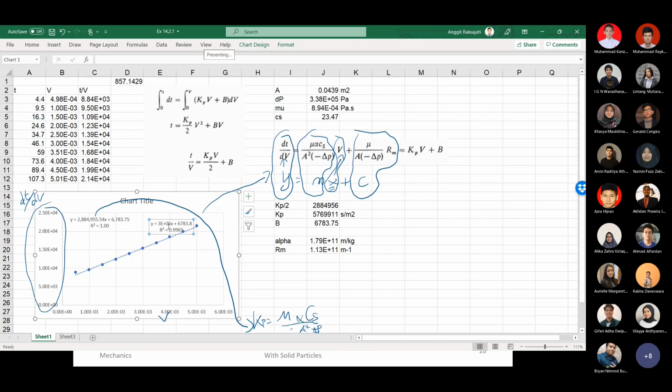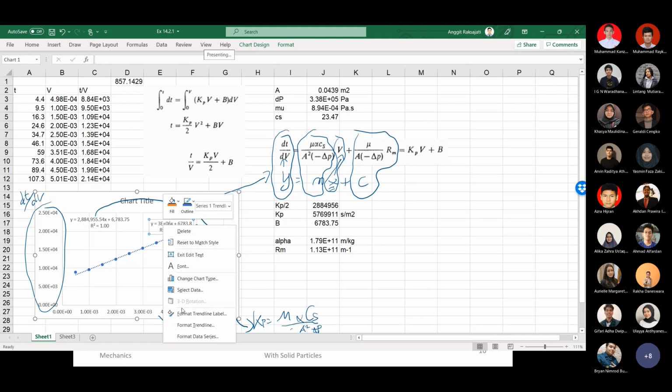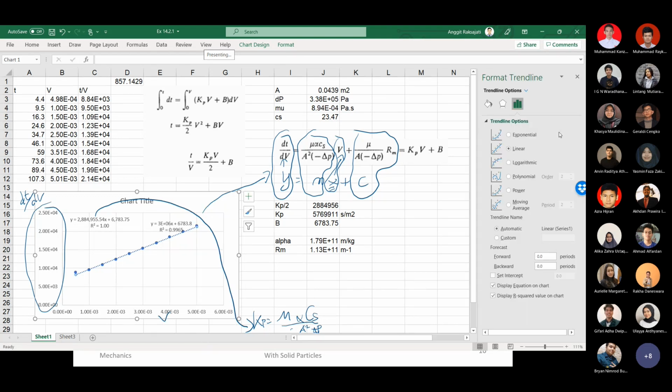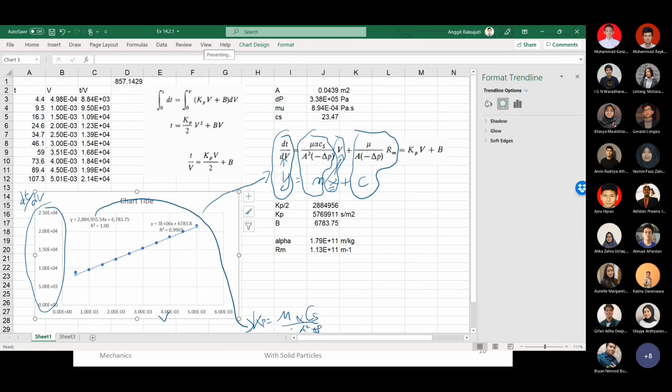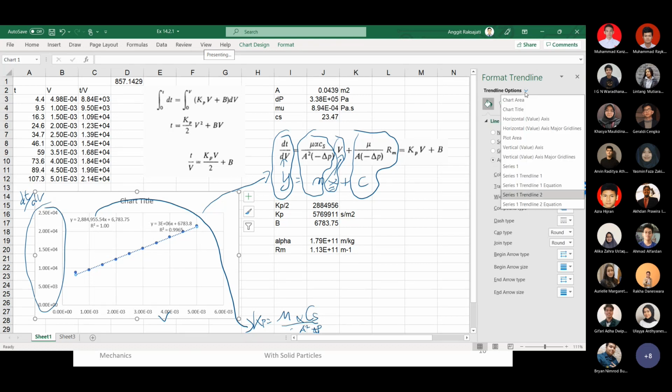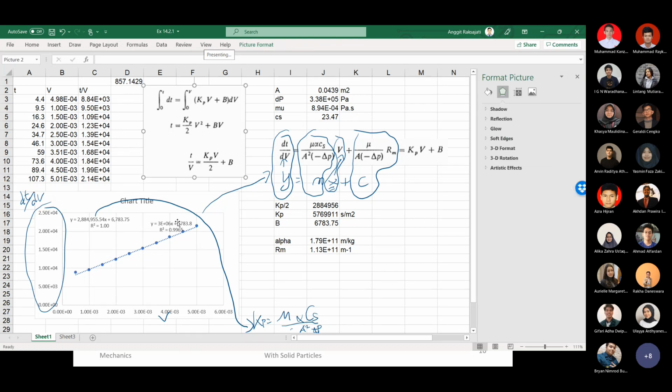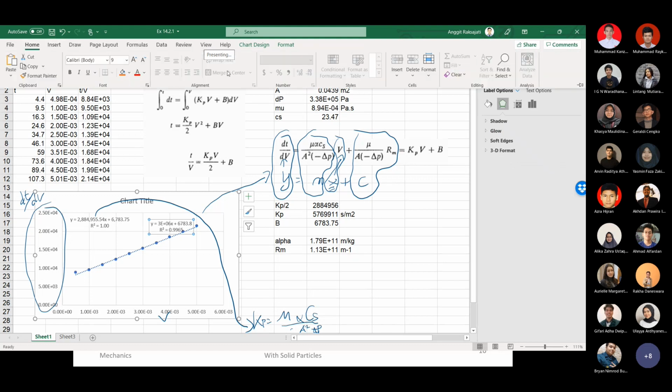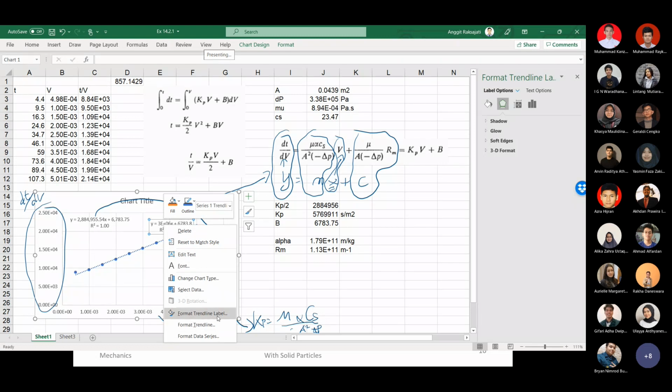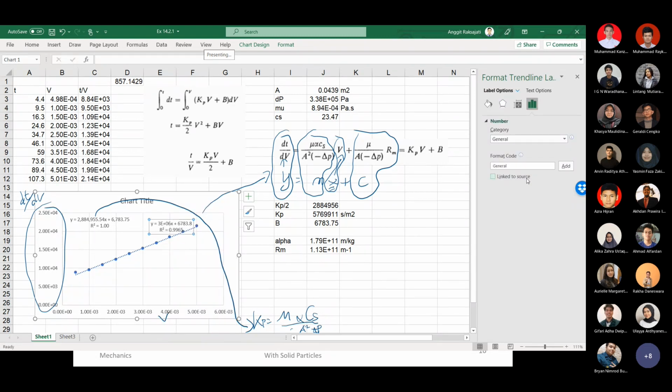This is the one that is expressed in this correlation. The gradient is 3 million something over here, and if you want to expand the number, you just need to format the trend line. Format trend line label, then Number, and change to number.